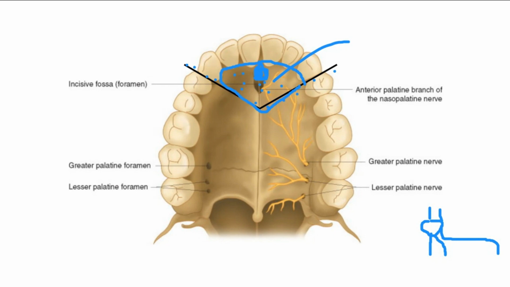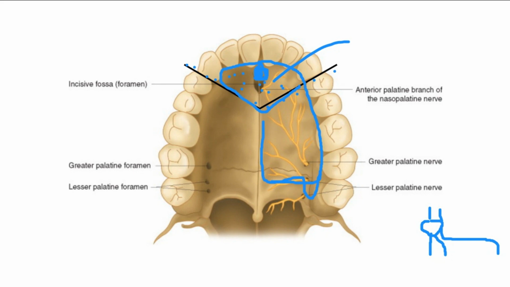Does this include the palate? Yes. Does it include the medial aspect, or we call it the lingual aspect, of the soft tissue of the gingiva by the teeth? Yes. How about the greater palatine nerve? The greater palatine nerve is going to feed this area here, or actually up to here.